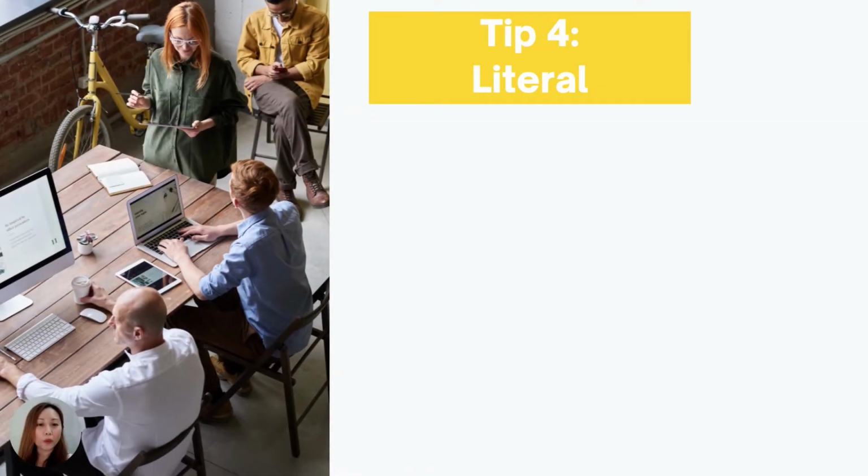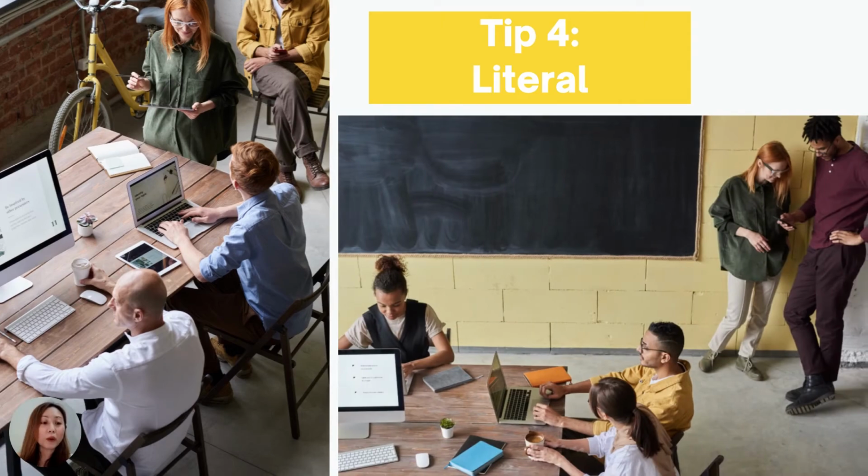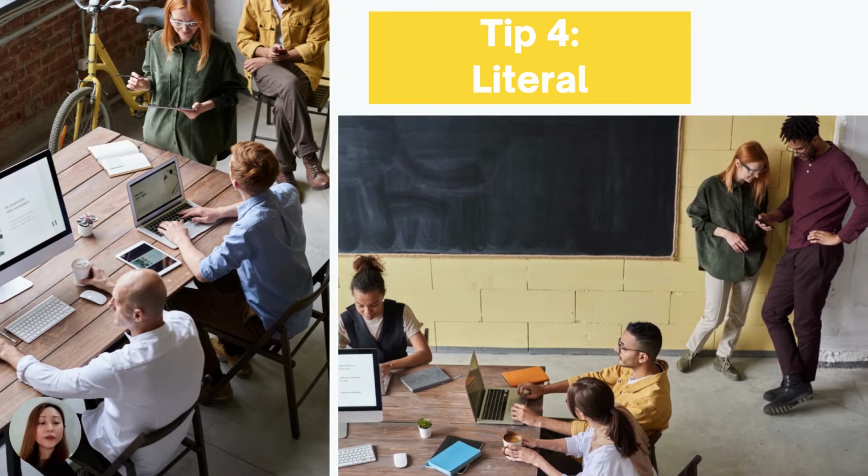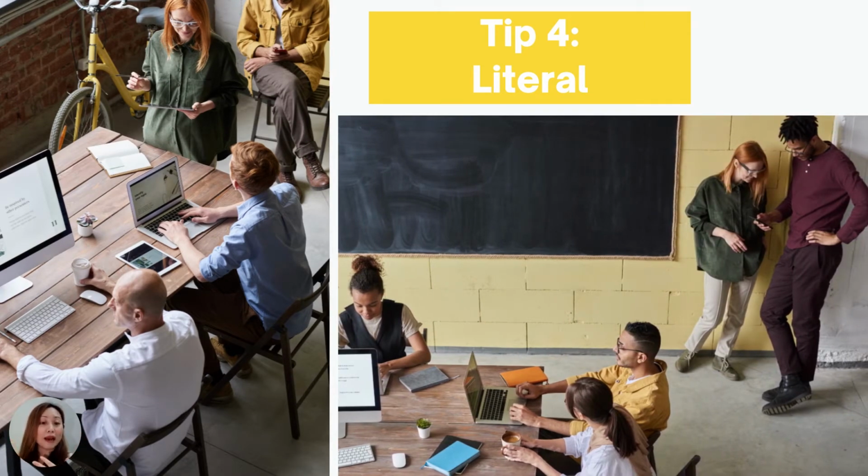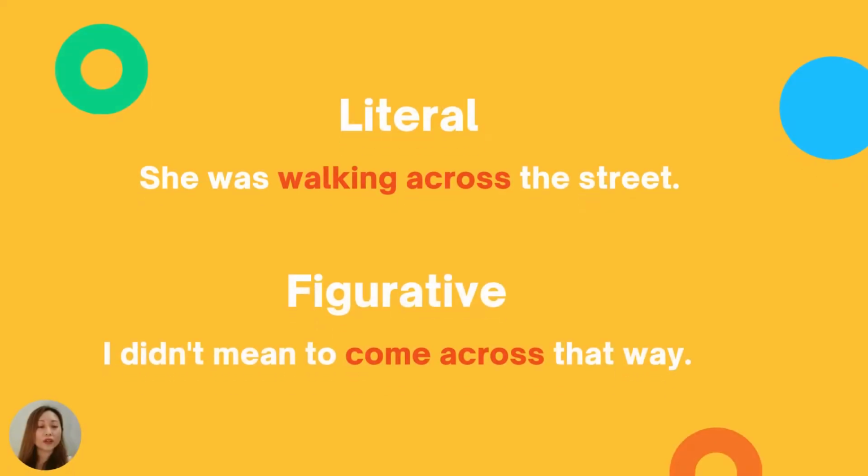And tip number 4 would be to think about whether the phrasal verb is literal or just idiomatic. Can the meaning easily be understood, or is it tough to understand? That means the phrasal verb is figurative. If we look at this example, she was walking across the street.